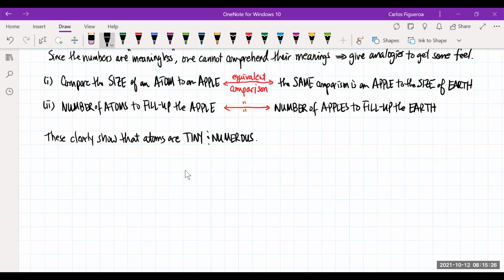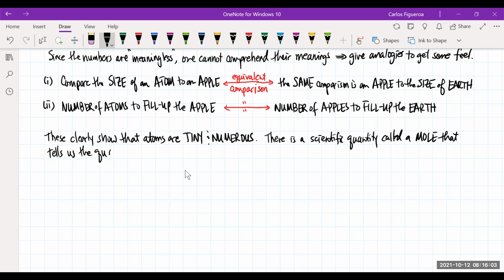What we find here is that there is a scientific quantity called a mole that tells us the quantity of atoms.